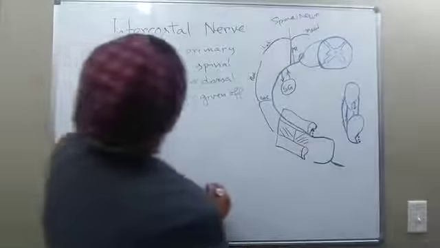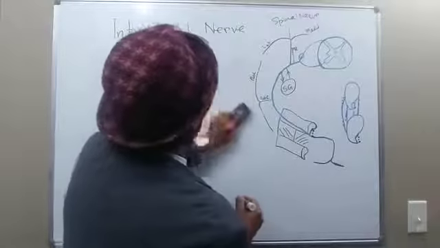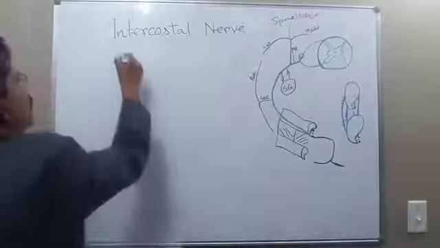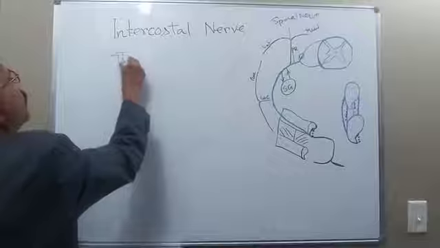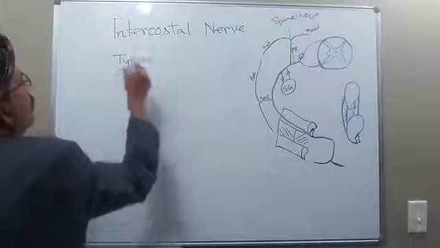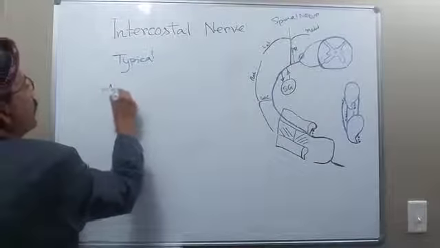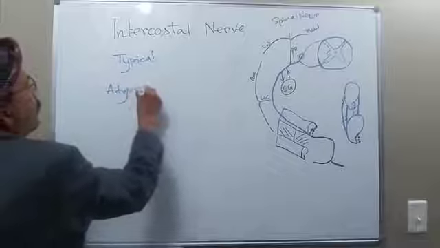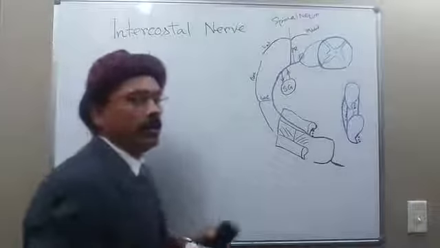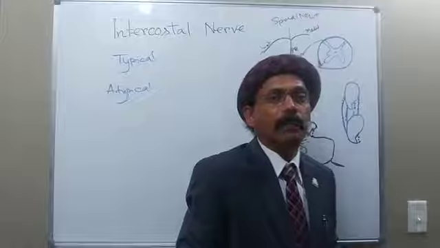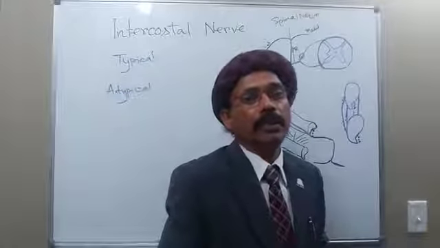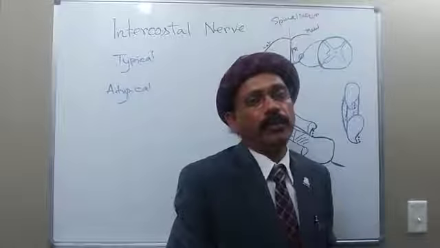Now we'll go to the typical and atypical intercostal nerves. The typical intercostal nerves are present inside the intercostal space.